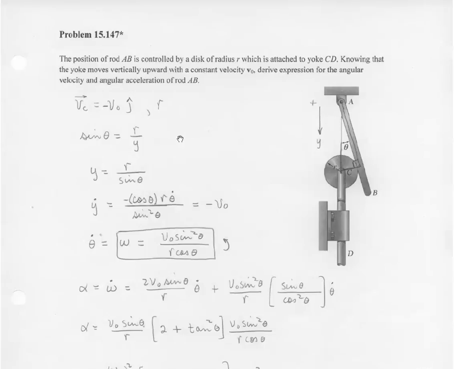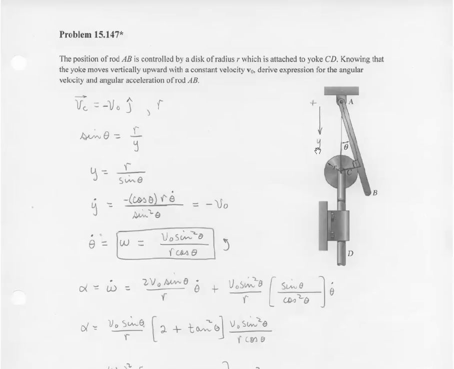All right, I want to look at this triangle drawn right here. If you draw a line straight from the center of the circular disc to the point of contact between the rod and the disc, it will be perpendicular to the rod AB. So you can see I've got a right triangle with an angle theta over here.